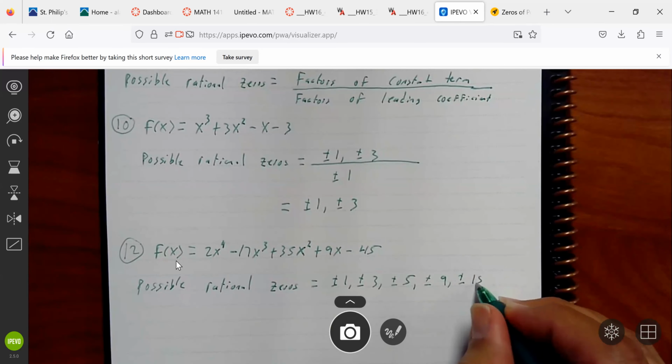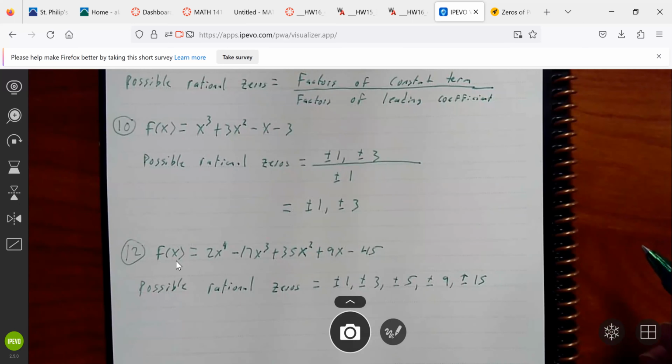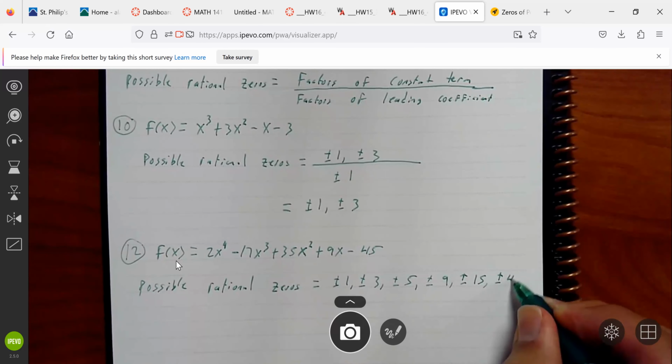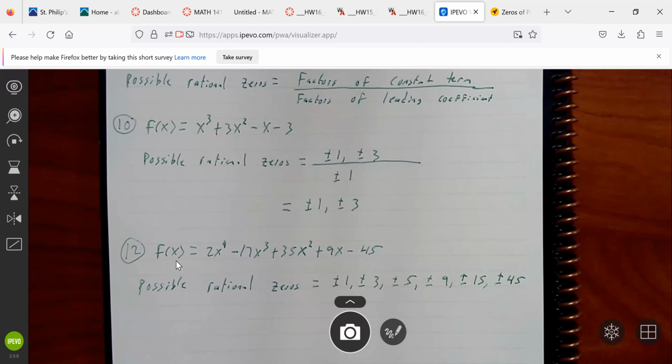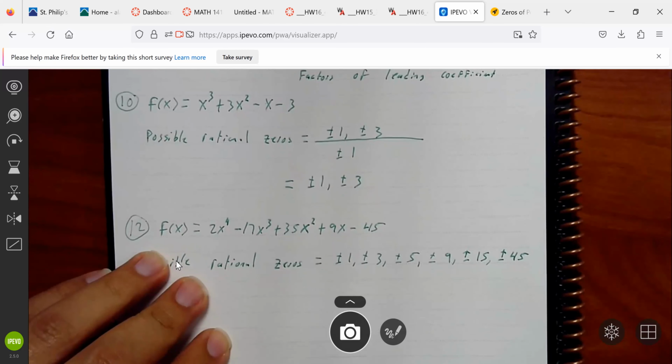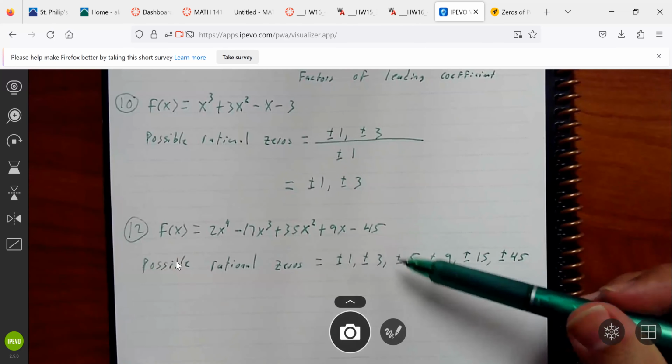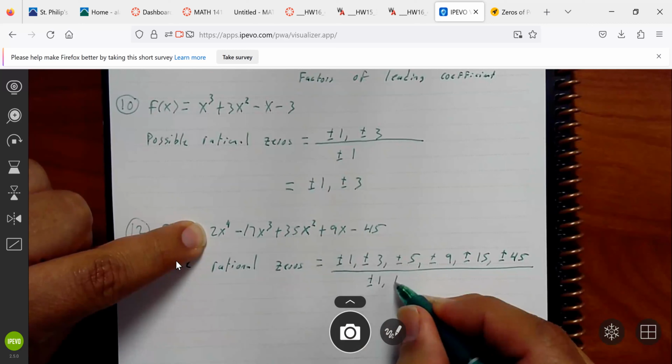Any other factors of 45? Yes. Oh, obviously, right. You see, as this number gets bigger, then we have more possibilities. Now divide by the factors of the leading coefficient. So plus or minus 1, plus or minus 2.